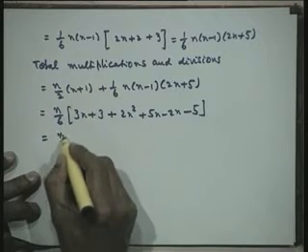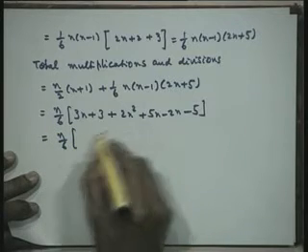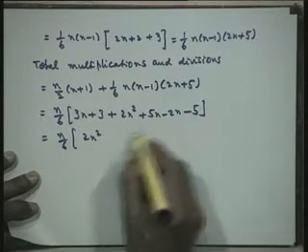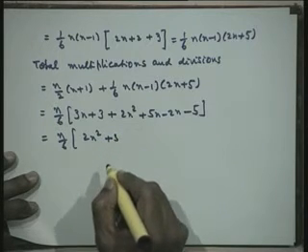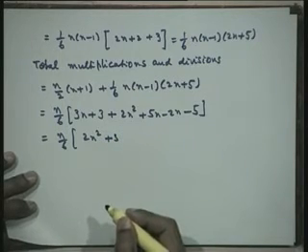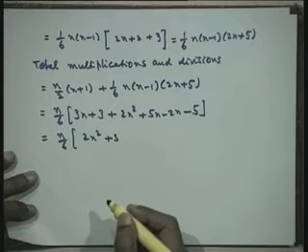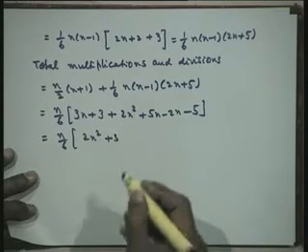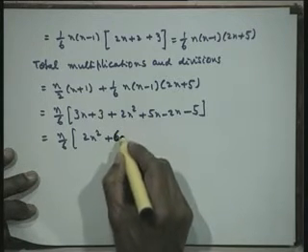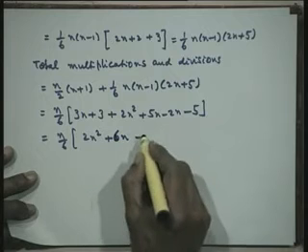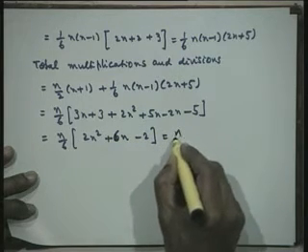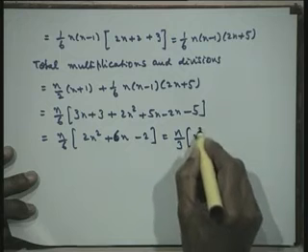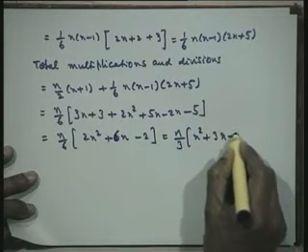So, that is n by 6 times 2n square plus 6n minus 2, and we can remove a 2 from here and write this as n by 3 into n square plus 3n minus 1.